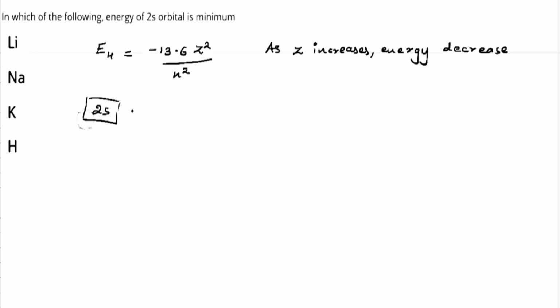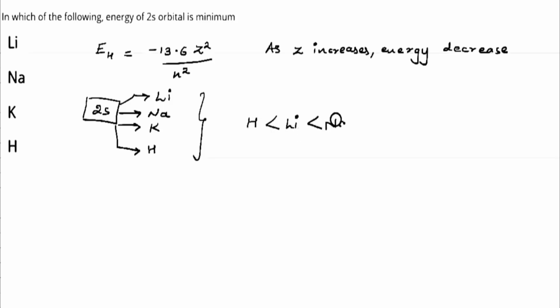Now, if we are talking about, say, lithium, sodium, potassium, and hydrogen, and we look at the atomic number order of these elements, hydrogen is the least, then comes lithium, then sodium, then potassium.